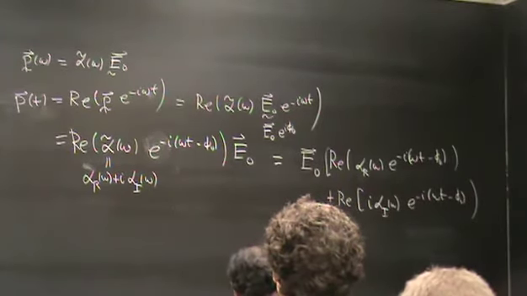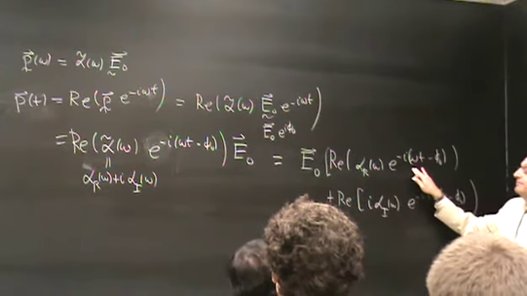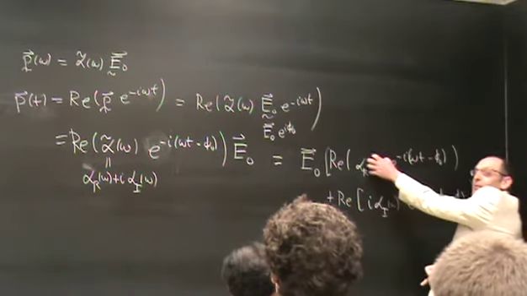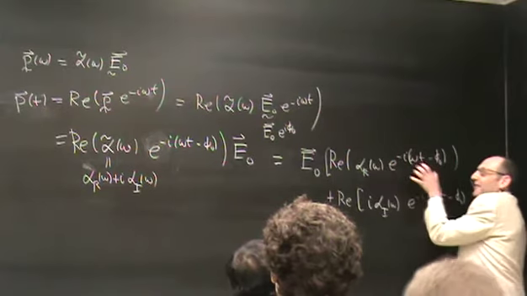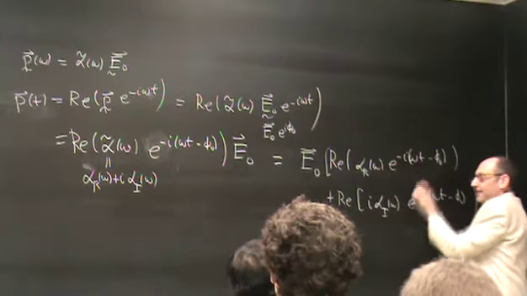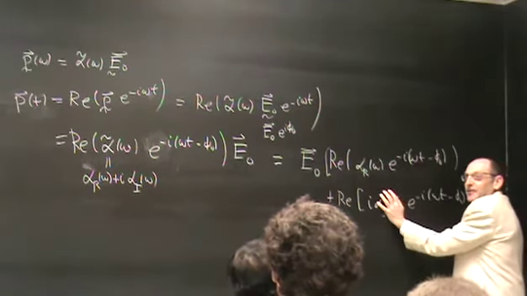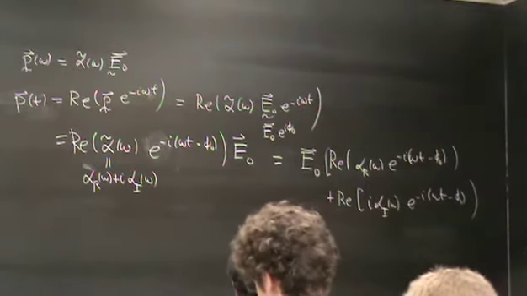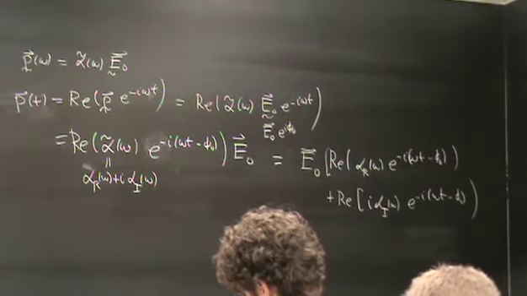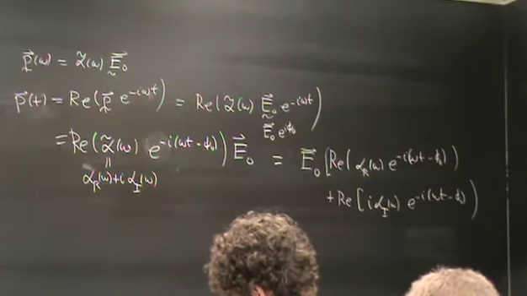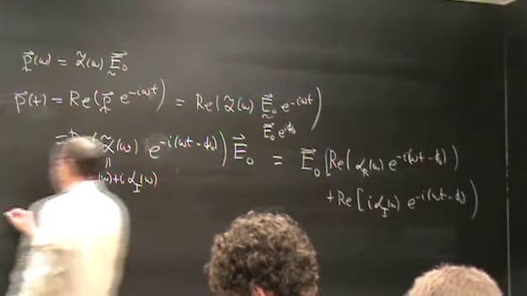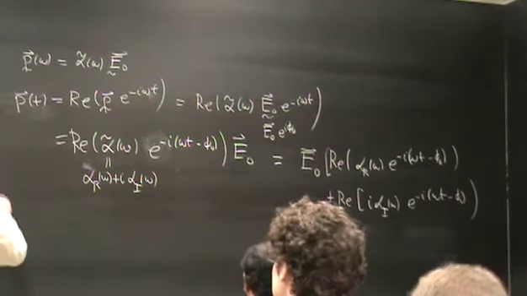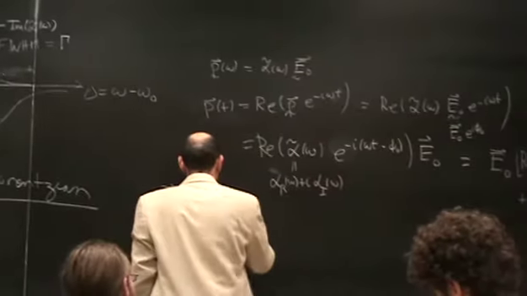Okay? What is the real part of this? Well, the real part is a real number, right? So the real part of this is cosine. The imaginary part is a real number. I times that, what's the real part of that? Sine.